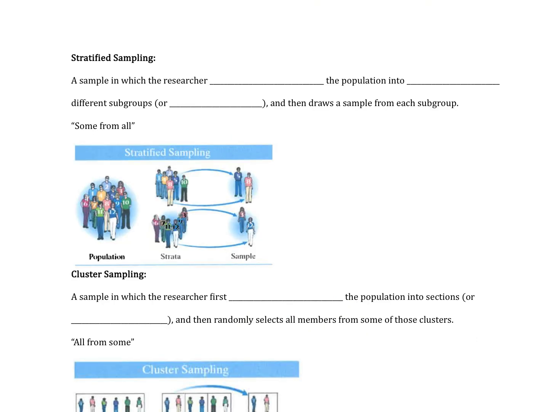Okay, stratified sampling. Stratified and cluster are similar, so you have to make sure you know the difference between the two. Stratified is a sample in which the researcher subdivides the population into at least 2 different groups, or strata, and then draws a sample from each subgroup.